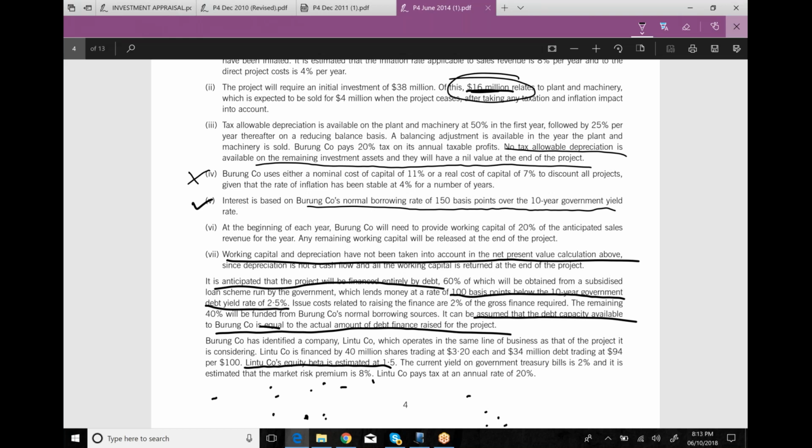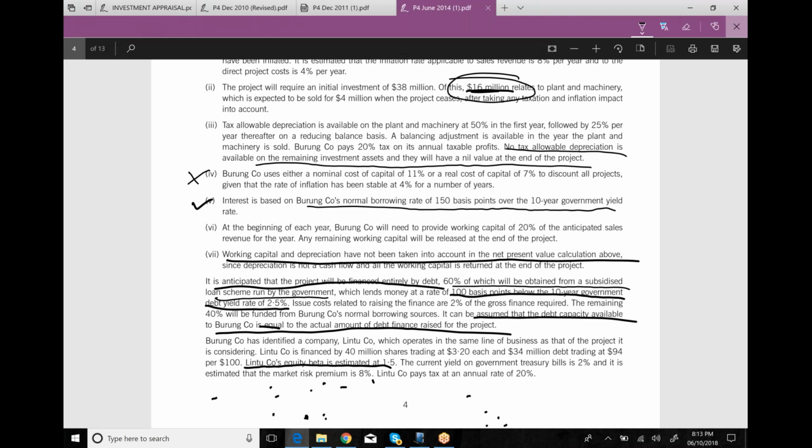It is anticipated that the project will be financed entirely by debt, 60% of which will be obtained from a subsidized loan scheme run by the government, which lends the money at a rate of 100 basis points below the 10 years government debt yield rate of 2.5%. So first of all, I can see a heavy debt financing is involved.